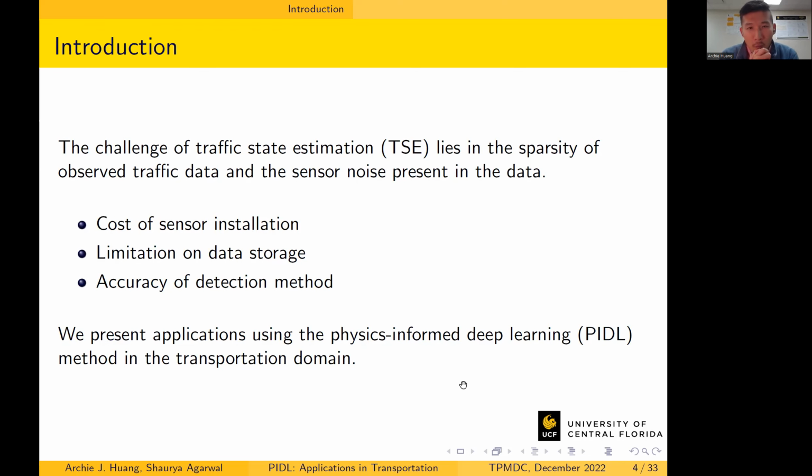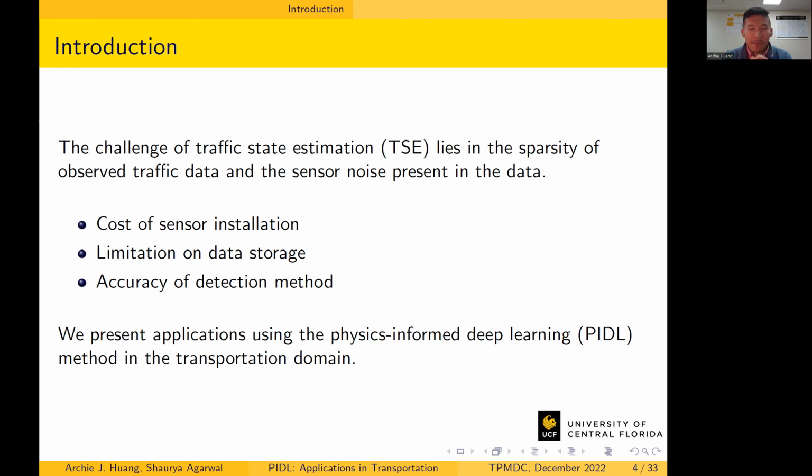When we talk about the task of traffic state estimation, I think the challenge mainly lies in the limitations of the traffic observations that we have, the traffic state data that we can obtain. That's mainly due to these 3 factors: installation cost, storage limit, and no detection method is 100% accurate.